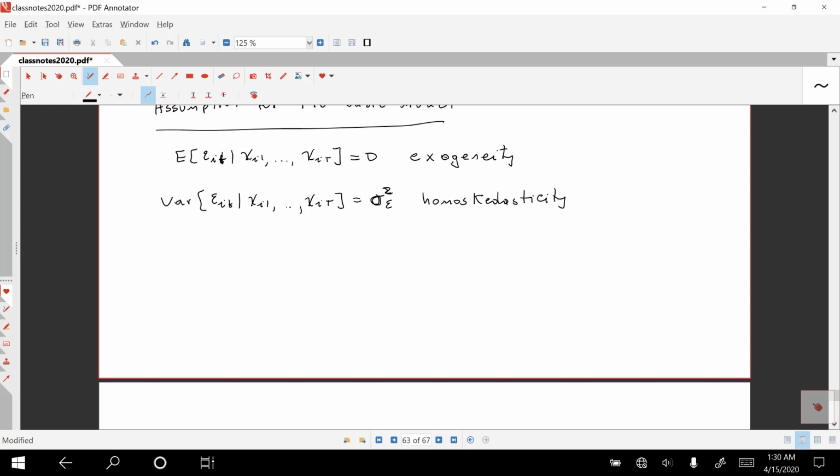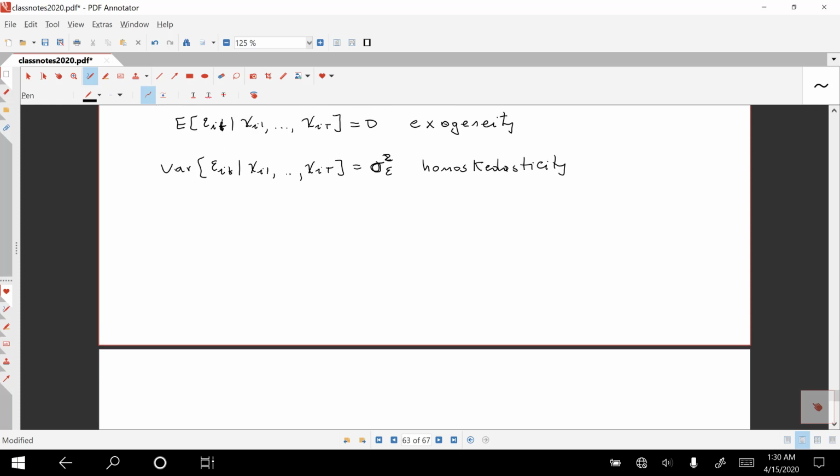The variance of the errors is not a function of the explanatory variables in any of the time periods. So that's a stronger form of the exogeneity and homoscedasticity assumptions that we used before, when we were talking about cross-sectional data.